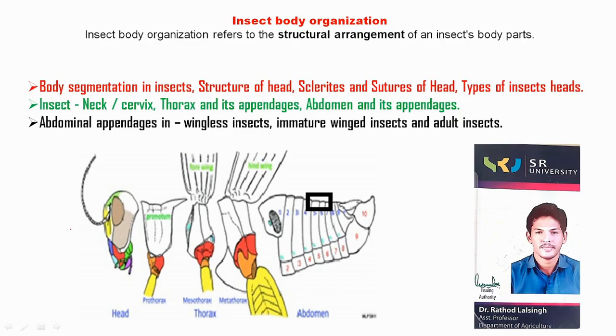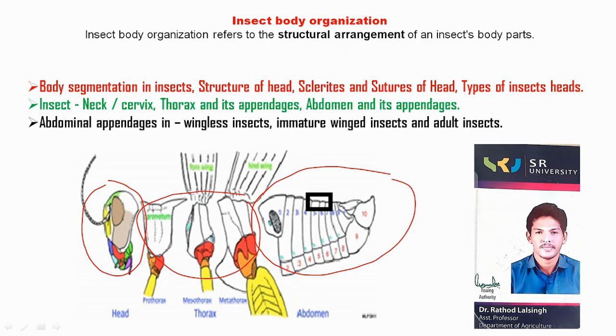In the previous lecture, we discussed insect body organization, that is, the structural arrangement of an insect's body parts. We discussed that an insect consists of three regions: the head region, the thoracic region, and the abdominal region.